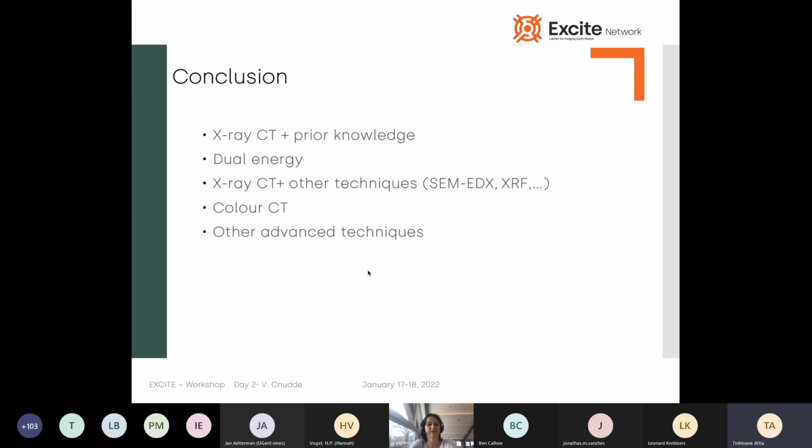Otherwise, a way is using X-ray CT for your structural information, and then combining this with other techniques such as electron microscopy or XRF or other techniques that you are familiar with. People are working on really getting the chemical information, for instance, using spectral CT, but this is currently under development.